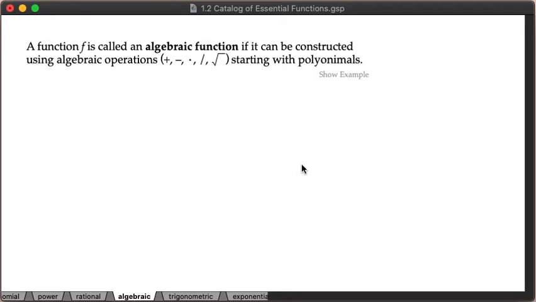Any functions constructed starting with polynomials and adding, multiplying, dividing them, taking polynomials to rational powers, and then combining them, a polynomial to a rational power divided by a different polynomial to a rational power, or times whatever.